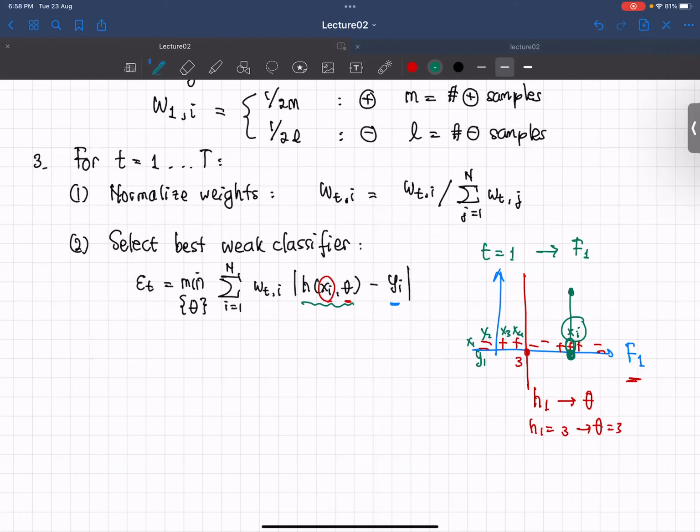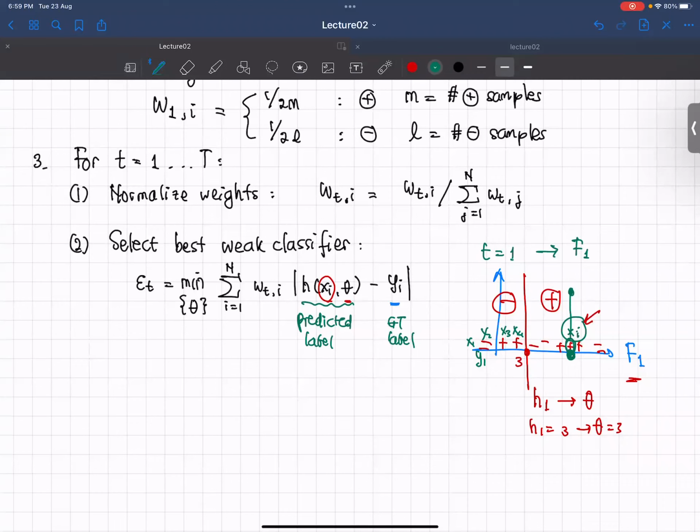As always, we have a rule for the line: negative is on the left and positive on the right of the line. So for this Xi, what will be the H of that Xi? Basically this one is the predicted label, and this one is the ground truth label.